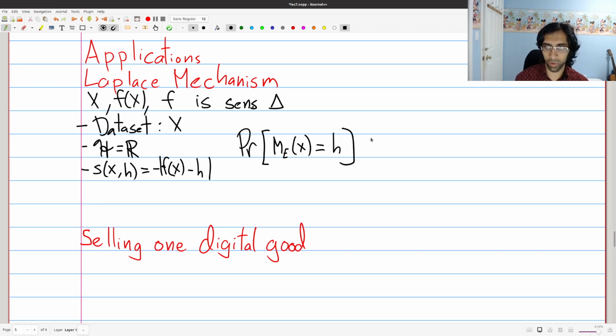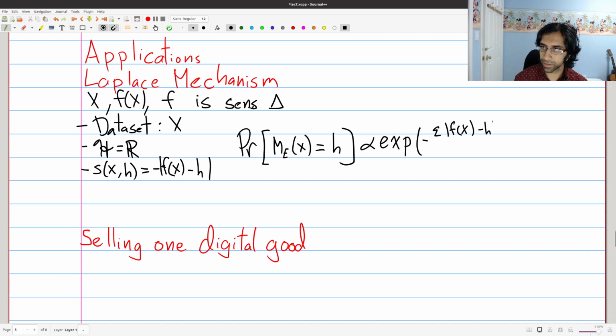Remember, we said that this is going to be proportional to exp of minus epsilon times the score function at this point. So yeah, in particular, just subbing that in. You notice I already put the minus in front there.